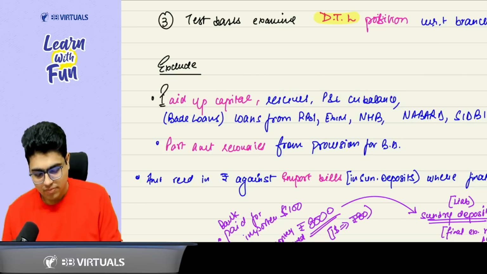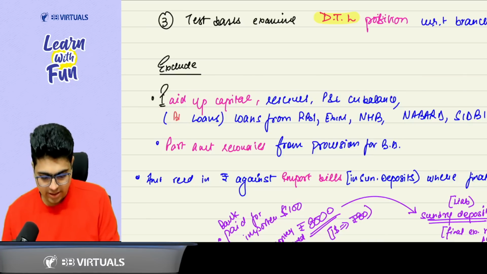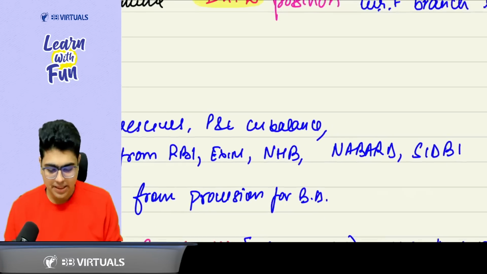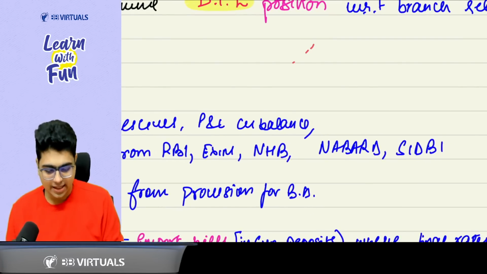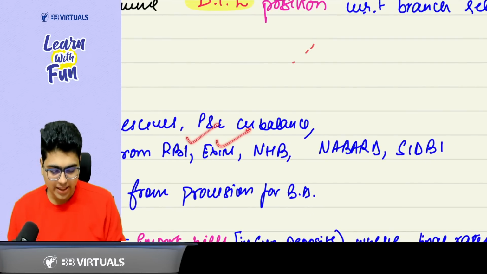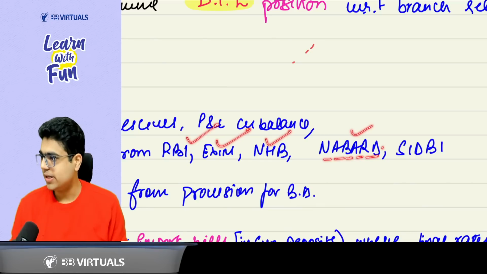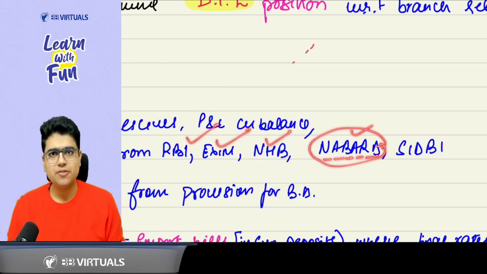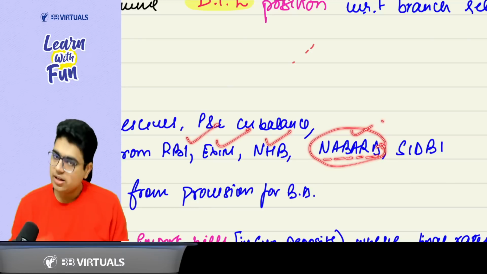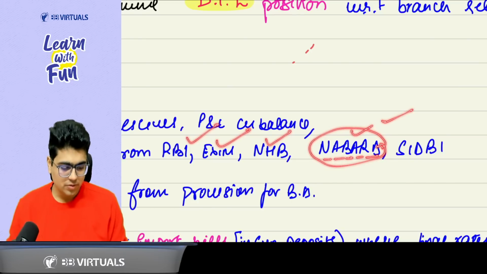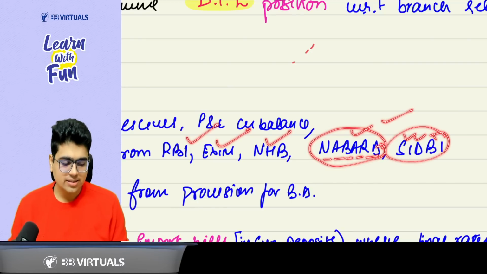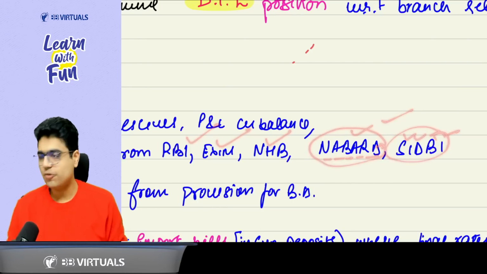Now, sir, in case the bank has taken some big loans from big banks like RBI, Export Import Bank, National Housing Board, NABARD, that is National Agricultural Bank for agriculture and rural development, such type of loans will also be removed. Similarly, if there is a Small Industries Development Bank of India, then that loan will also be removed.